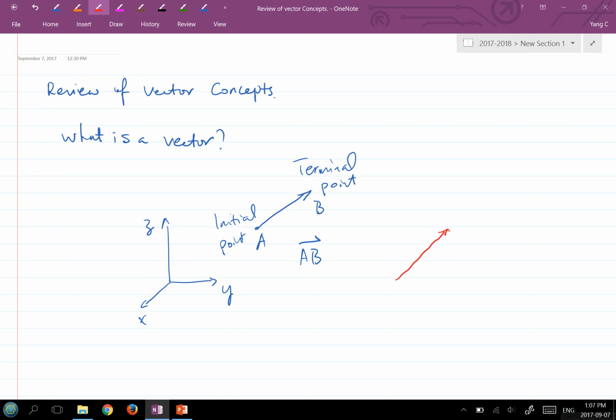So I make an identical copy and move it somewhere else. Let's say I call it CD, so this is vector CD. Here's my question: are AB and CD the same vectors? Let's think about it.